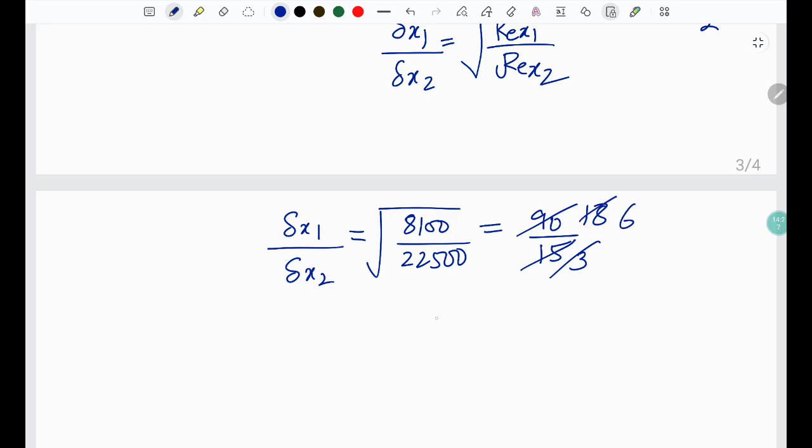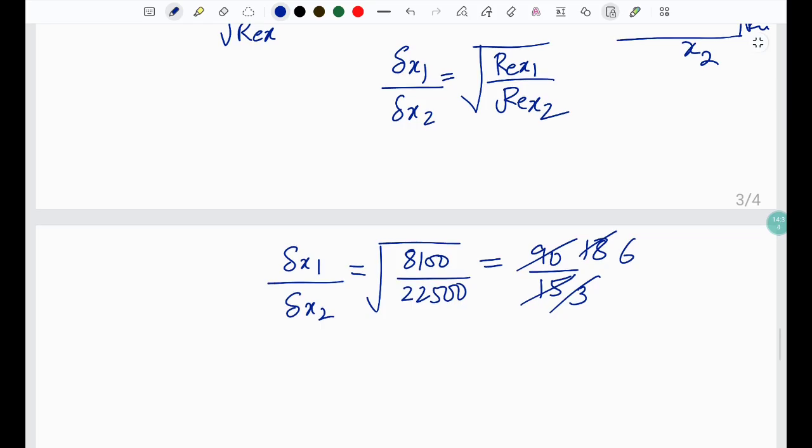Have I done something wrong here? Re x1 is 8100, its root will be 90, and the root of 22500 will be 150. Sorry, I can write it as 90 by 150, this can be cancelled, 9 by 15.